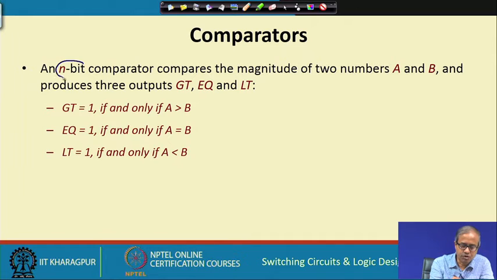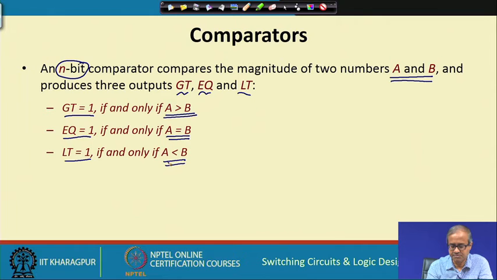An n bit comparator compares the magnitude of two n bit numbers A and B, and there will be 3 outputs: GT, EQ and LT. GT will be 1 if and only if A is greater than B in magnitude, EQ will be 1 if they are equal, and LT will be 1 if A is less than B. This is how the comparator works.